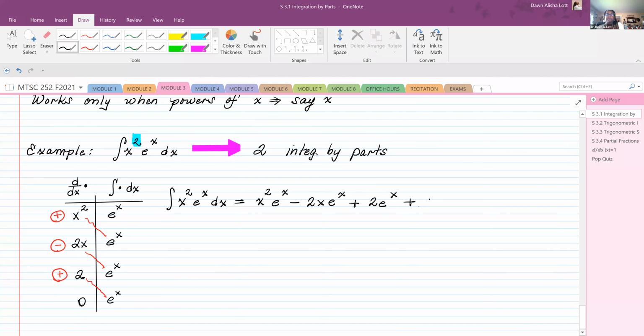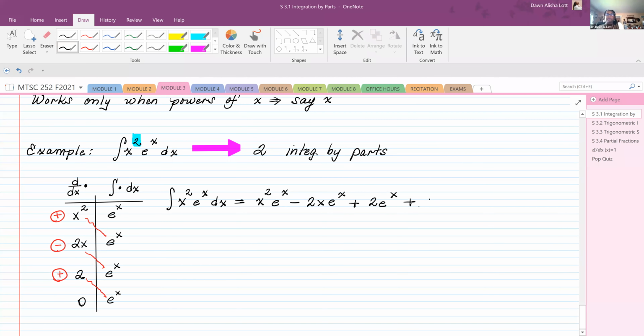So now the integral of e to the x cosine of x dx is equal to e to the x sine x, minus a negative makes plus e to the x cosine x. And now I get minus the integral of e to the x cosine x dx.